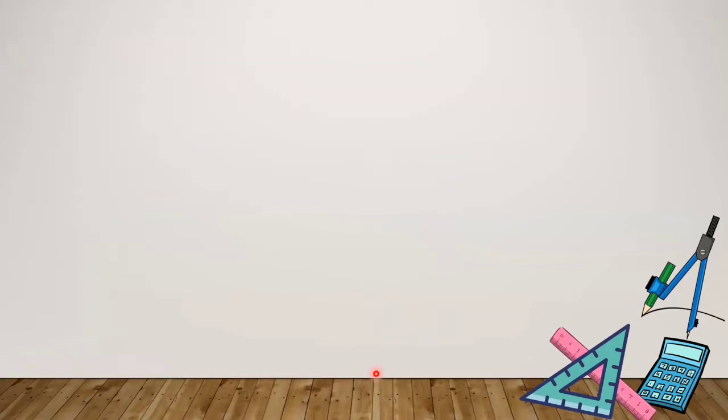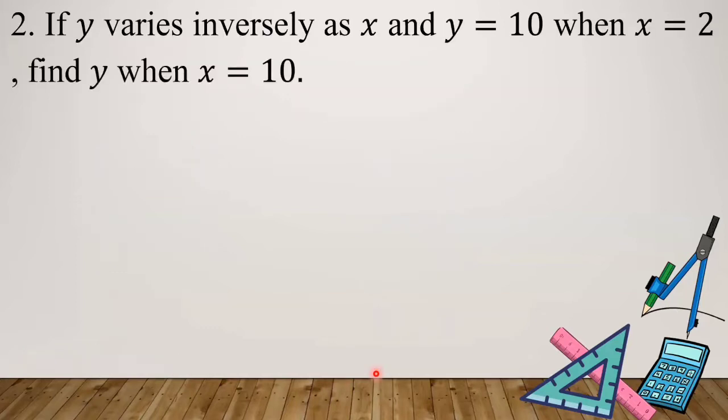Next example. If y varies inversely as x and y is equal to 10 when x is equal to 2, find y when x is equal to 10. First, find the phrase that will give us a clue to know the variation in the given problem.